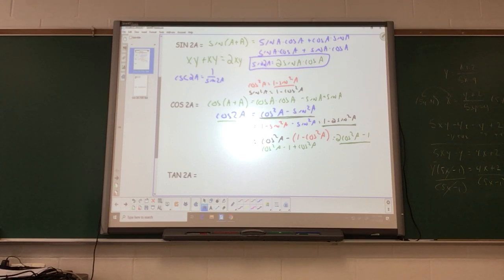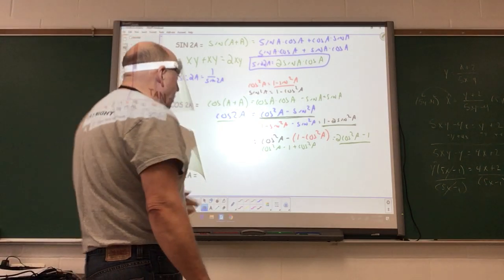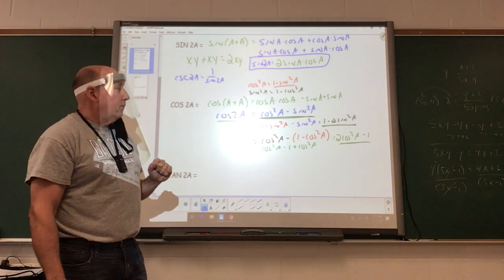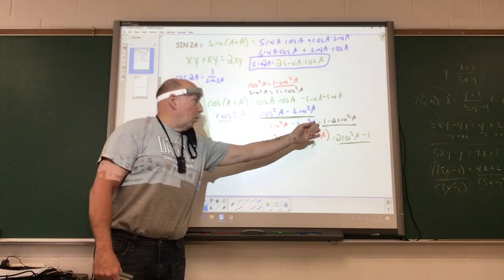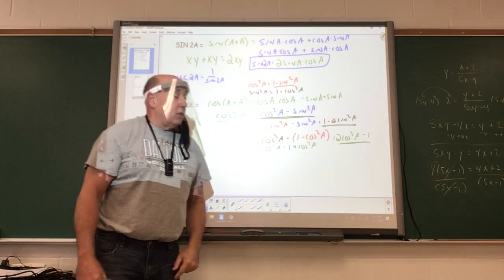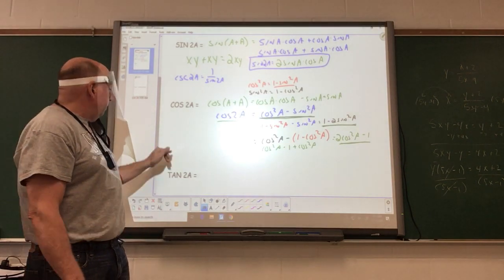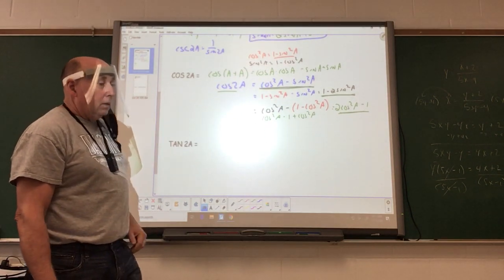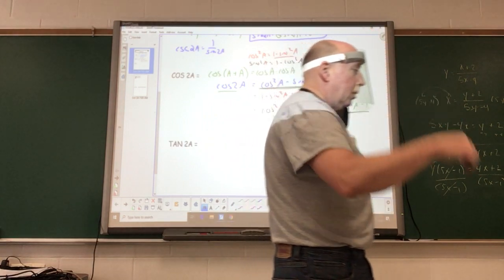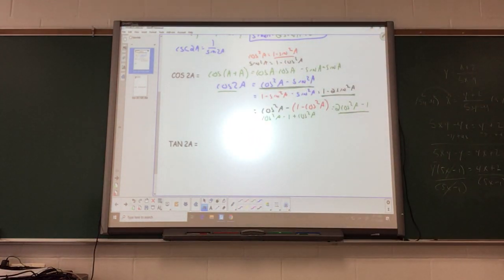But for double angles, I typically will use cosine squared minus sine squared. But that's also equal to 1 minus 2 sine squared A or 2 cosine squared A minus 1. Once again, a couple more things to add to your formula sheet.